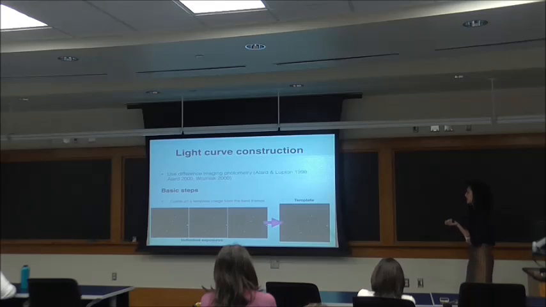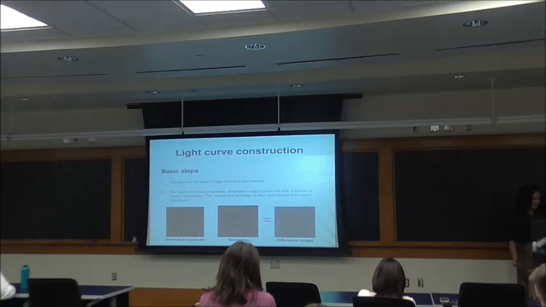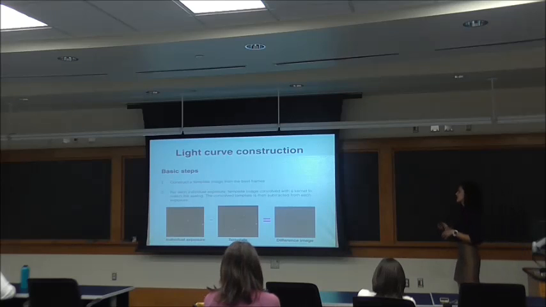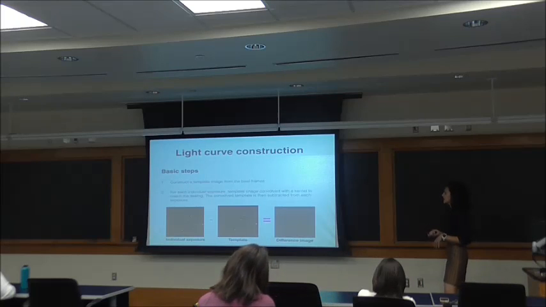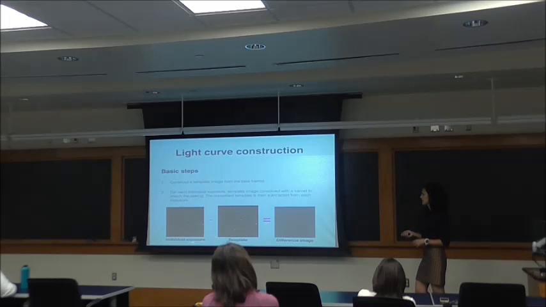So the first step of difference imaging is to construct a template image from your best frames, so your frames with the lowest background and your best seeing. Then for each individual exposure, you convolve the template image with a best fitting kernel to match the seeing of whatever exposure you're looking at.